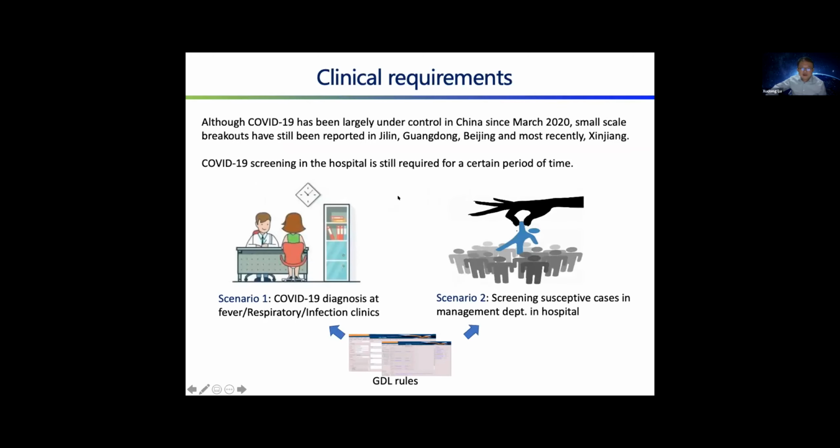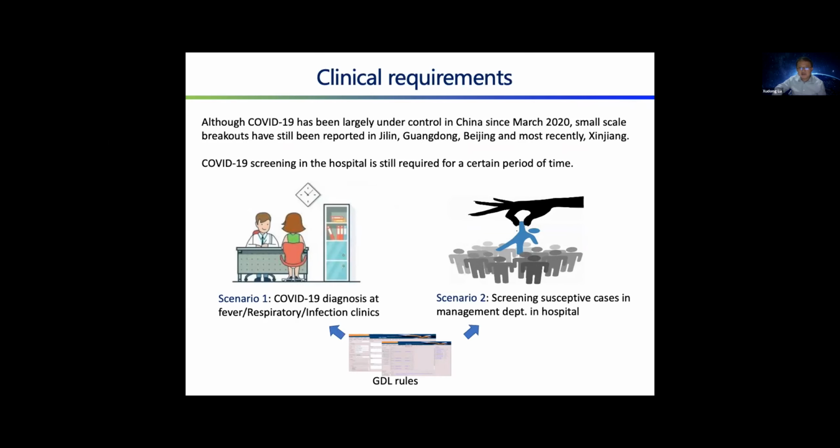As we all know, in China the COVID-19 epidemic has so far been largely under control, but there are still some small-scale outbreaks, like in Jilin, Guangdong, Beijing, Xinjiang, and most recently in Qingdao.